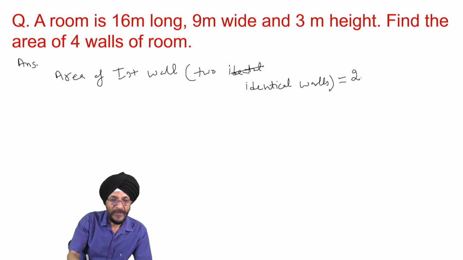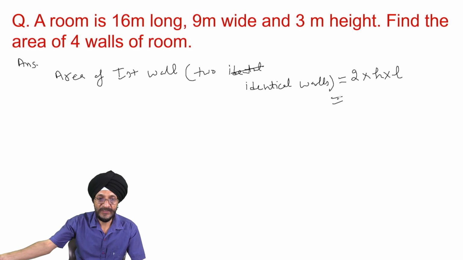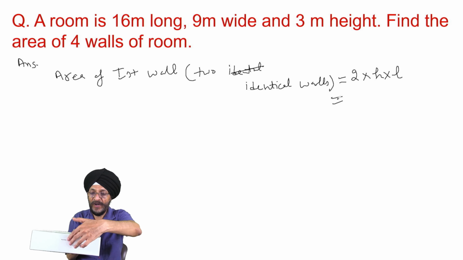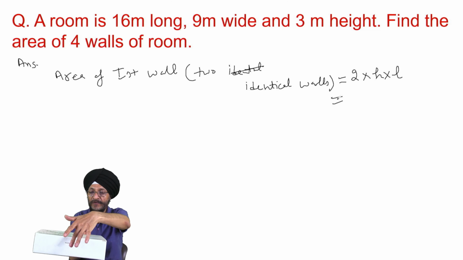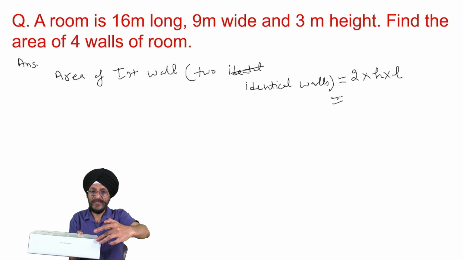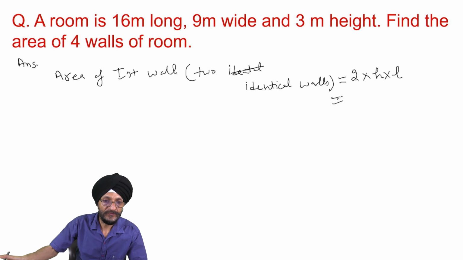So it will be 2 into height into length. This is the area of the walls we are calculating. Area of the first set of walls, which is the front side and the back side. This is the height and this is the length.